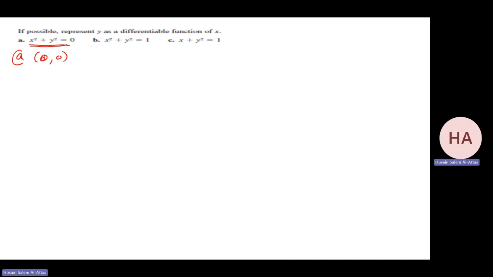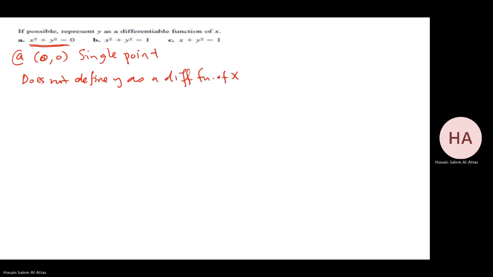When x squared plus y squared is equal to 0, there's only a single point. So this does not define y as a differentiable function of x, since it's only a single point.